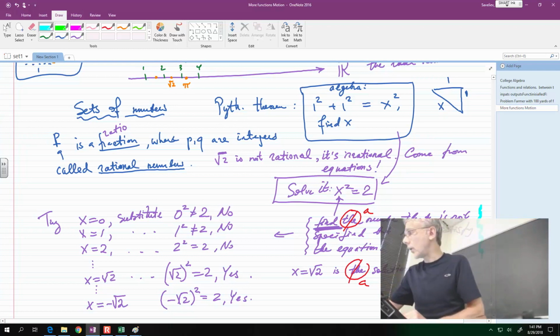And then this is actually not good anymore. This is all not acceptable anymore, because if you read it, it says find a number that is not specified but satisfies the equation.